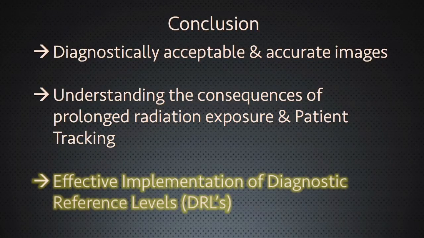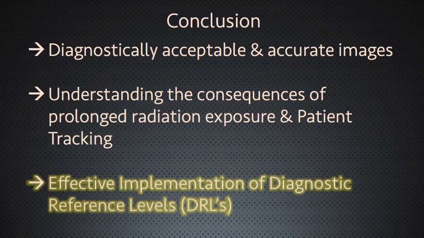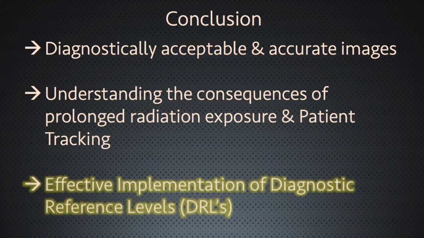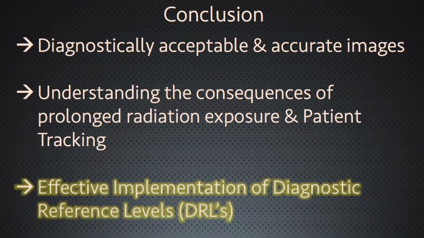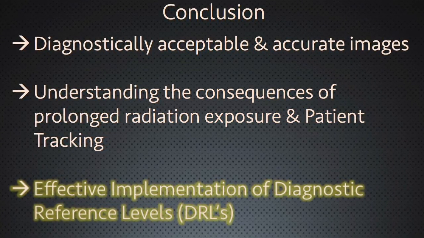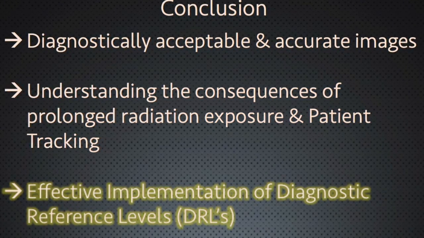And last of all, the effective implementation of diagnostic reference levels that are allowing improvements to local, regional, or national distributions of observed doses, hence reducing the frequency of unjustified high or low dose values. This in turn will promote future optimum ranges for doses for specified medical imaging protocols.